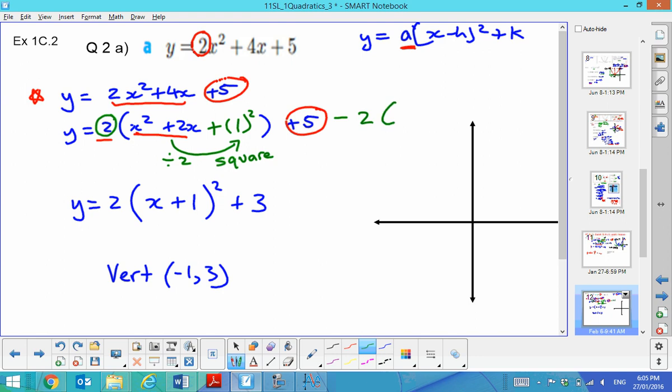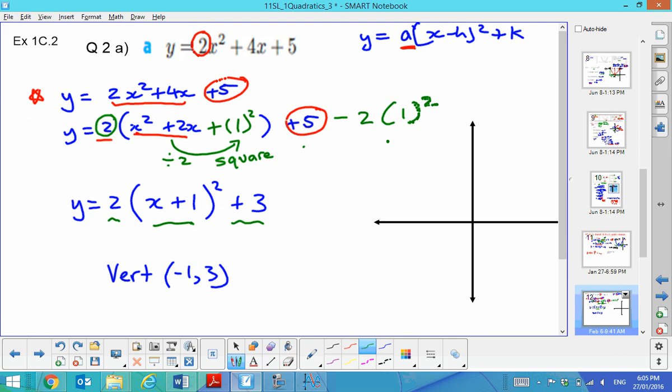So we're going to subtract 2 lots of the 1 squared. So now we can come up with 2 times x plus 1 all squared. There's our completed square. And now I want plus 5 minus 2 gives us plus 3.